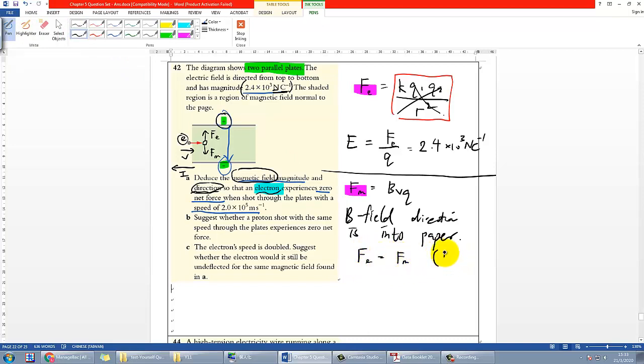You may say net force is 0 because net force is 0. Then you just find the expressions, which for Fe will be E times Q, and for Fm it will be BVQ.